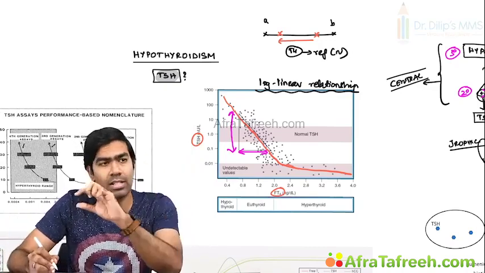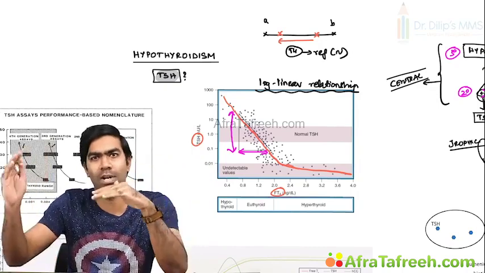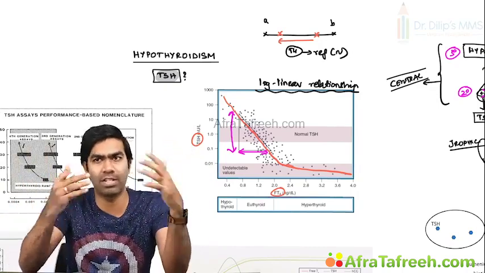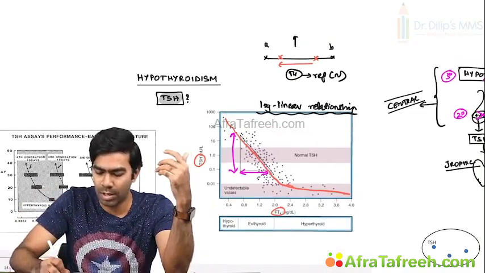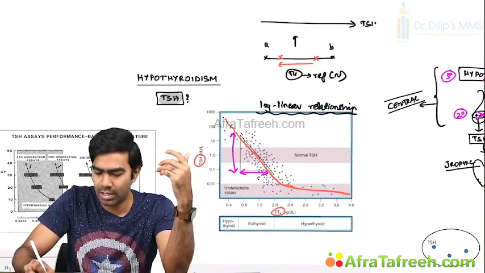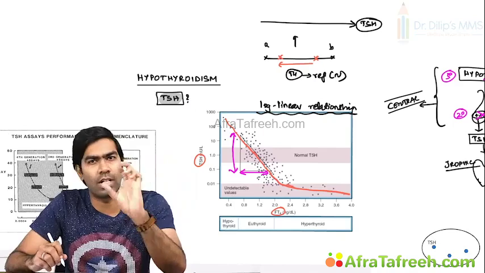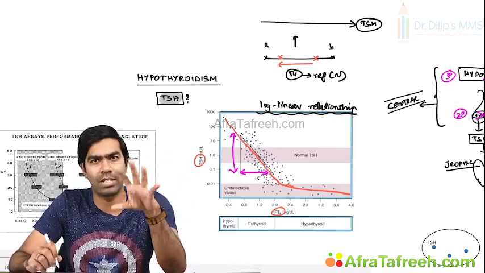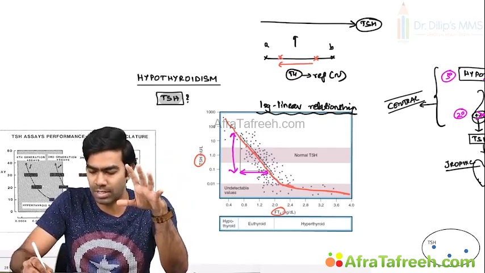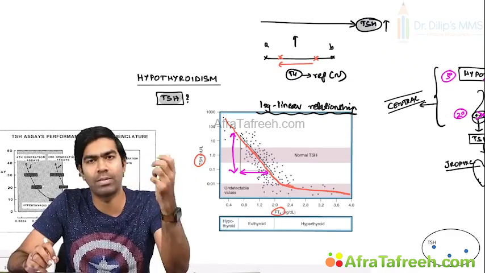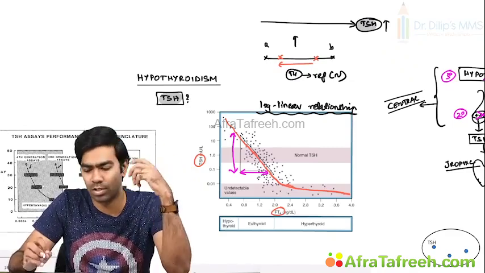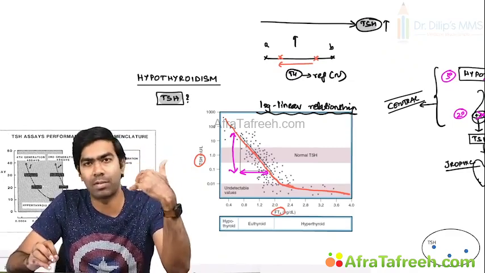And this little change in T4 from a higher level to a lower level, but within the reference range, for us it is a normal T4, but this will induce a massive increase in the TSH, which means even though the T4 is a little low normal, still it's maintained within the reference range, but the TSH is grossly increased and goes outside the reference range and becomes abnormal. So that is the concept of subclinical hypothyroidism.